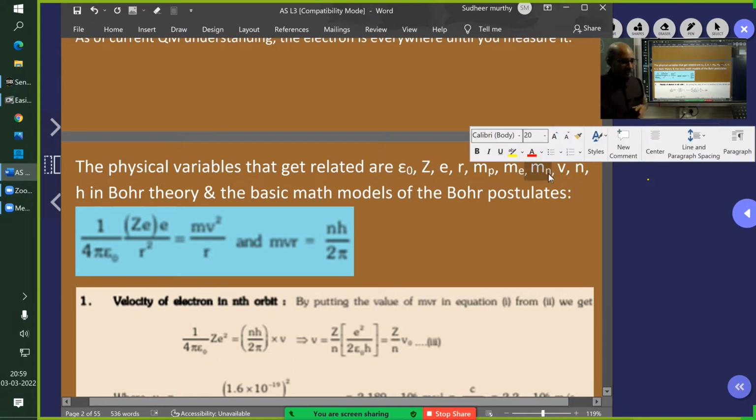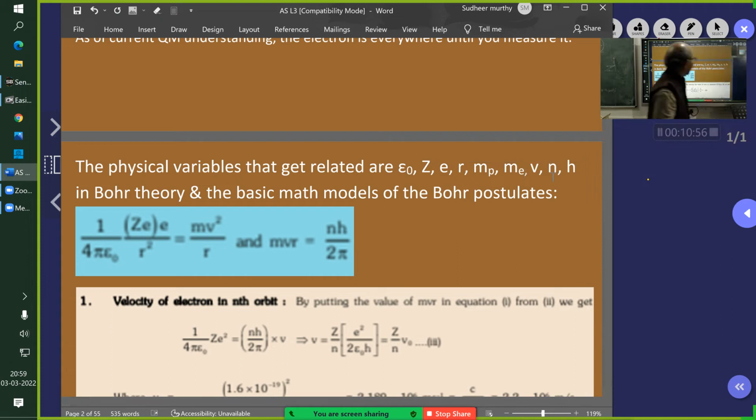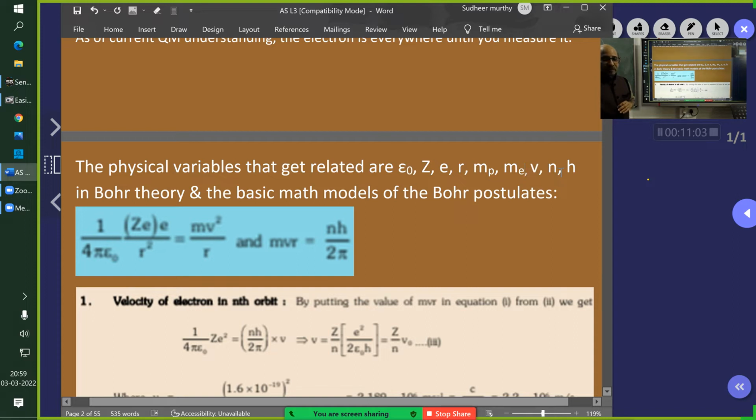I am just showing you Mn here by mistake, as usual. V is the velocity, N is an integer. What is the value of N? N is 1, 2, 3, 4.